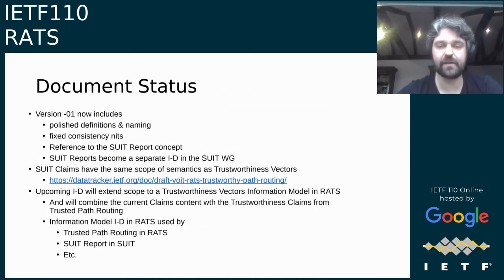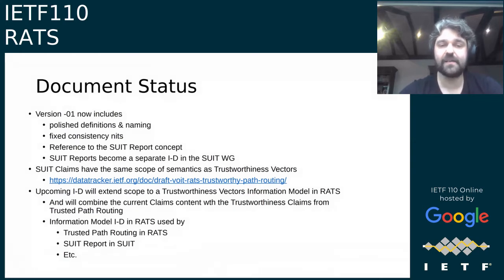And now the authors of both drafts decided that we will create and break out a new ID that will only encompass the trustworthiness vectors and the corresponding claims as described in the trusted path routing ID today.